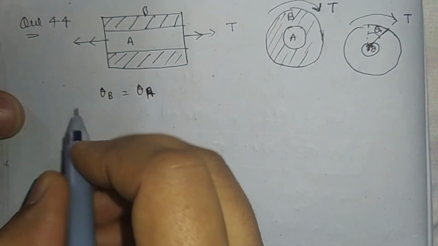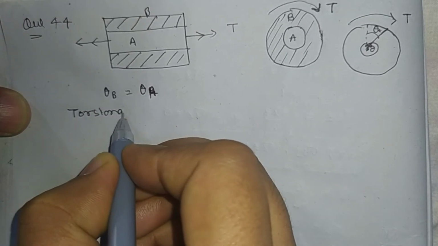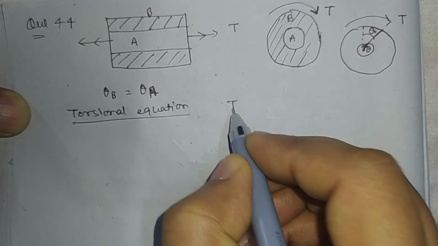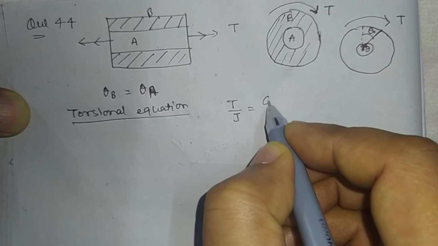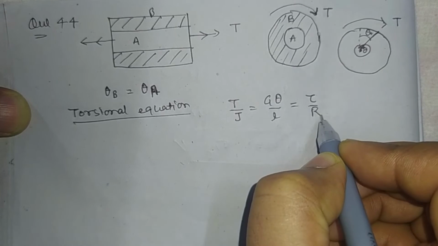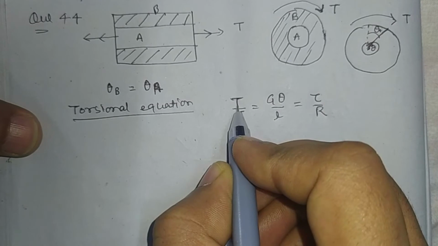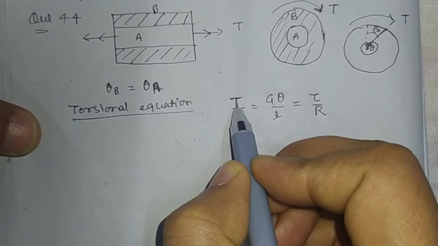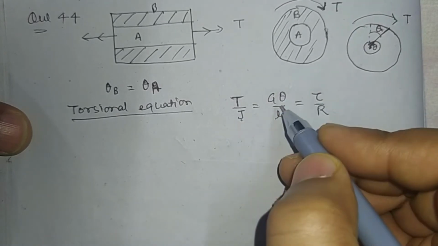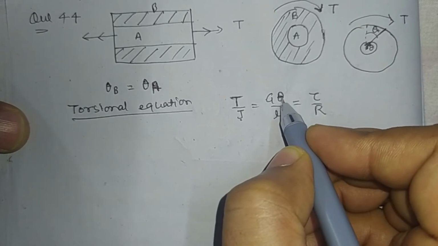But we know the torsional equation: T by J equal to G theta by L equal to tau by R. Here T is the resisting torque, J is the polar moment of inertia of the area of the section, G is the shear modulus, and theta is the angle of twist.